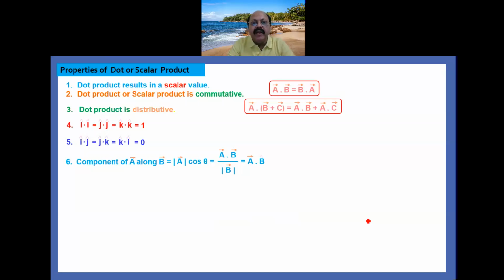So we can write A vector dot B cap, where B cap is the unit vector along the B vector. Similarly, the component of B vector along A vector is equal to mod of B vector cos theta, and that can be written as A vector dot B vector upon mod of A vector, which is equal to B vector dot A cap, A cap being the unit vector along A vector.